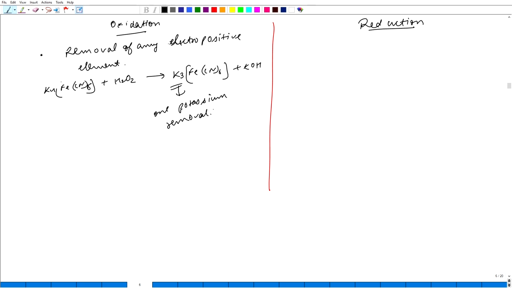Similarly, in reduction, again the complementary thing, that is addition of any electropositive element.